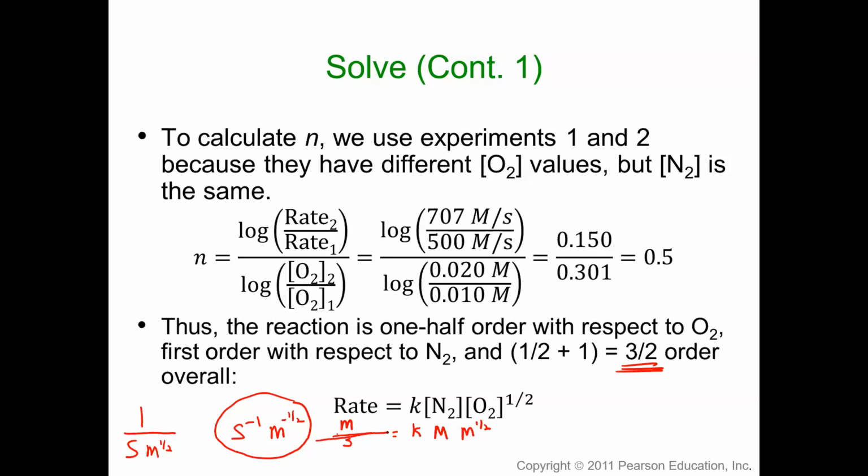So now when I divide this, this is molarity per second. When I divide these two, they go on the bottom, molarity and molarity to the 1/2. This molarity crosses off with this molarity, and so that's what we're left with.